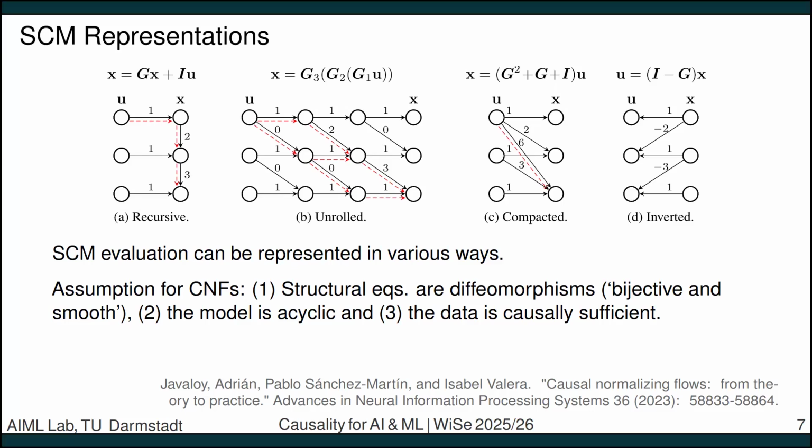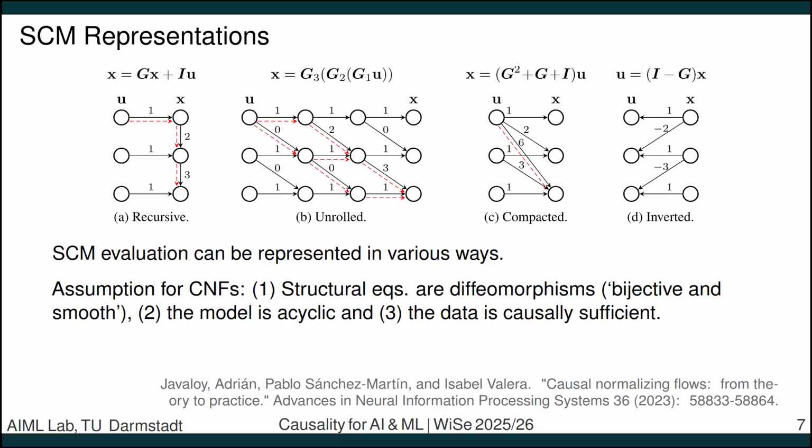Basically, we reparameterize the coordinate space of that observational distribution into a space of independent Gaussians.